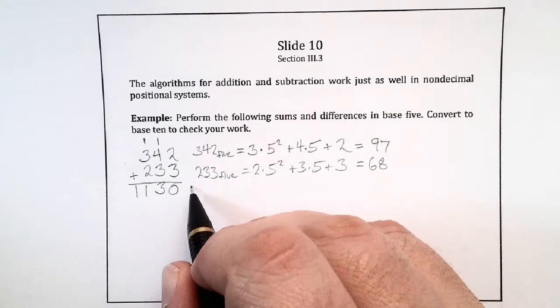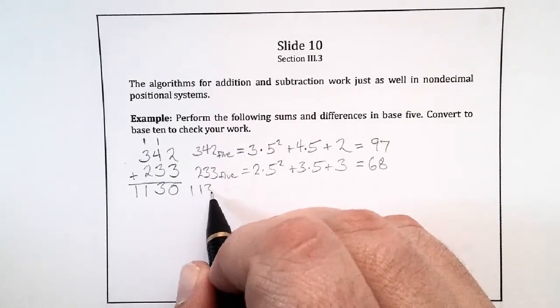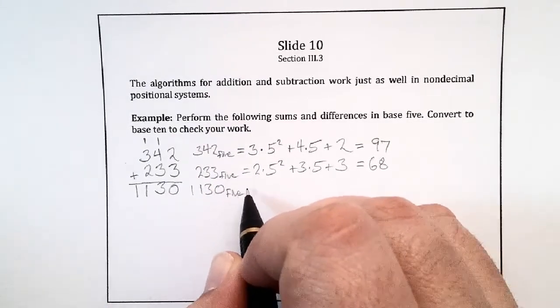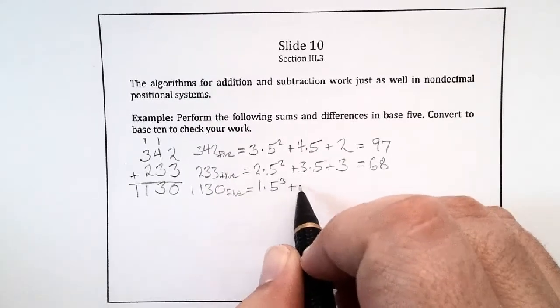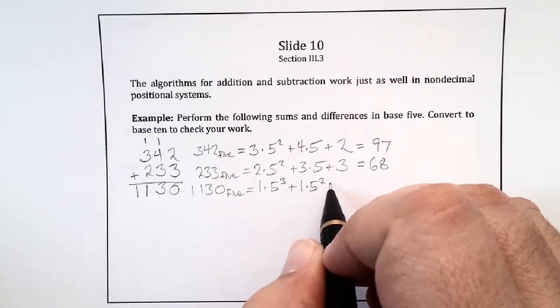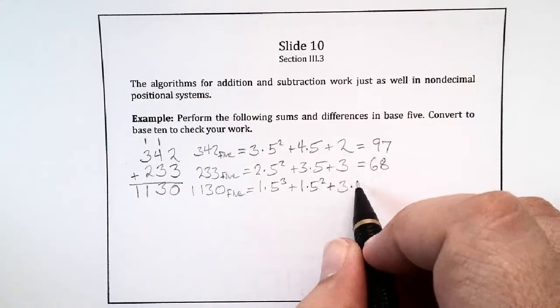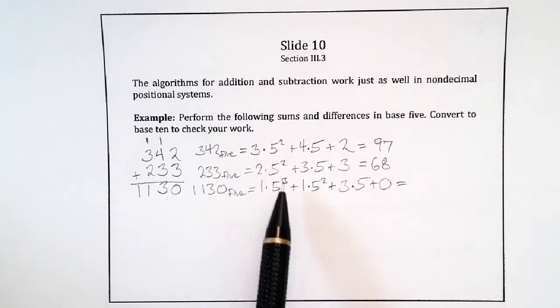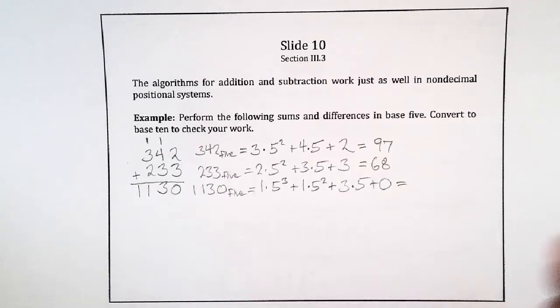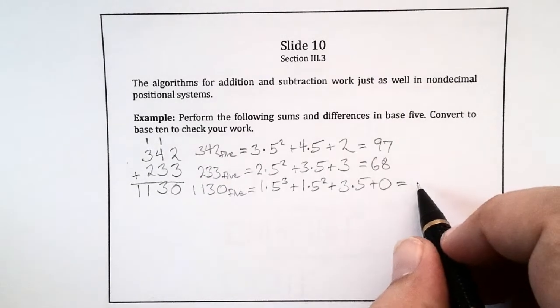And then 1130 base 5 is 1 times 5 to the third power, plus 1 times 5 squared, plus 3 times 5, plus 0. Okay, we have 125, plus 25 gets us up to 150, plus 15 is 165.